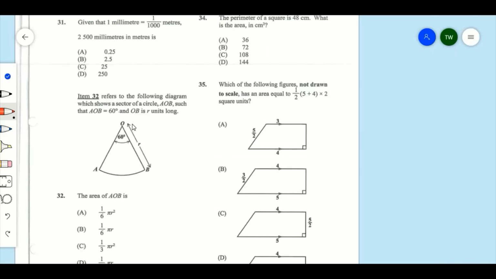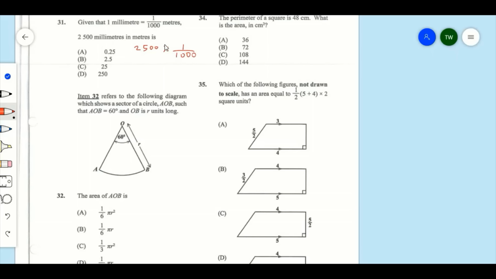Item 31. Given that 1 millimeter equals 1/1000 meters, 2,500 millimeters in meters is, clearly here our multiplication factor is going to be 1/1000. So it's going to be 2,500 multiplied by 1/1000.